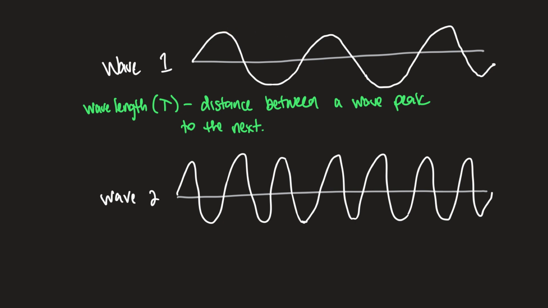So when we're looking at this, this right here is the wavelength of wave one, and we use lambda to represent it. Now, when you look at wave two, we notice the wavelength is actually much smaller. And so this shows you that different waves can have different wavelengths.